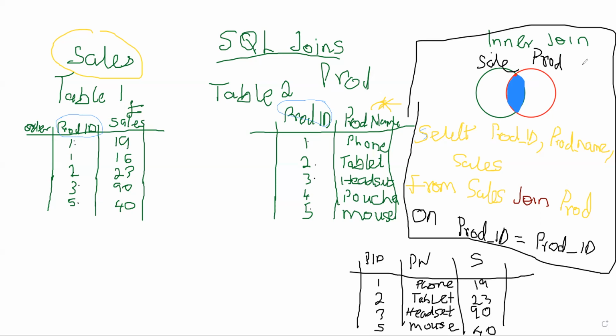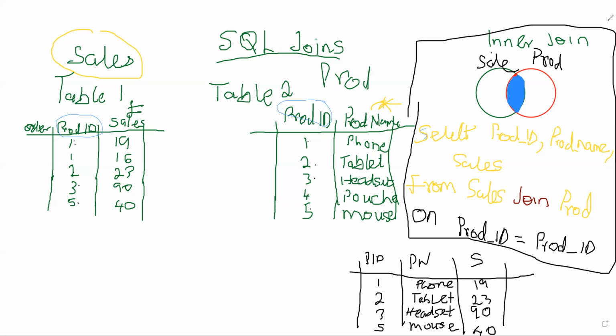Now let's look at outer join. In outer join, we have the left outer join and the right outer join. Let's look at left outer join, which is the most used of all the outer joins.